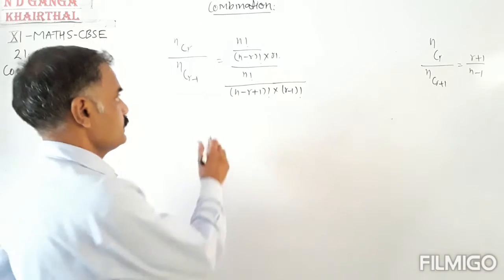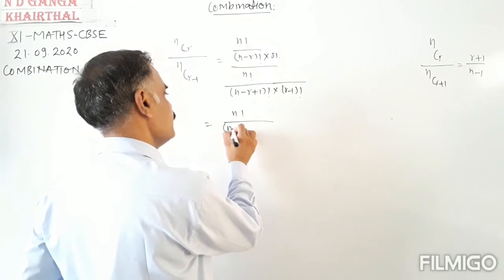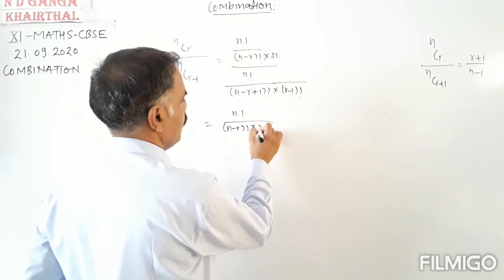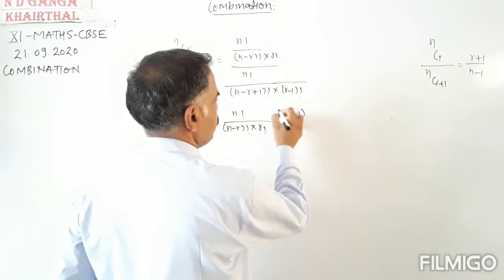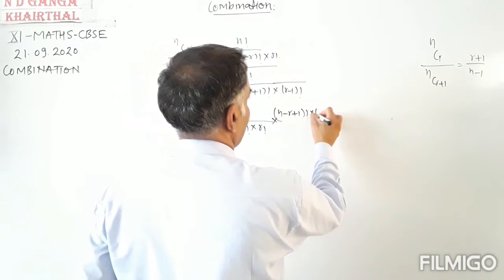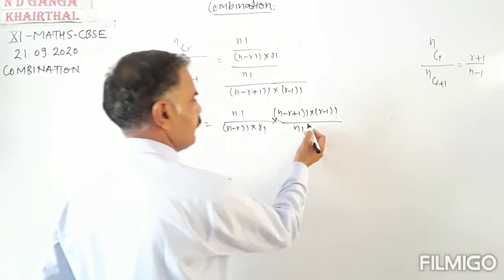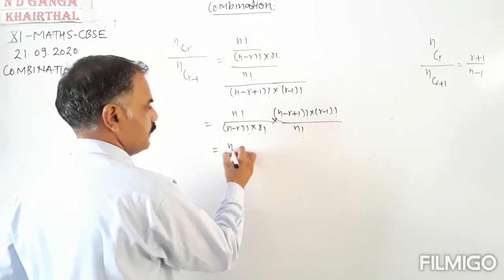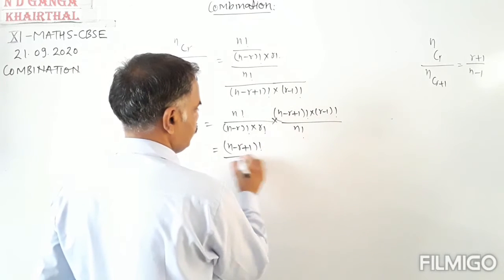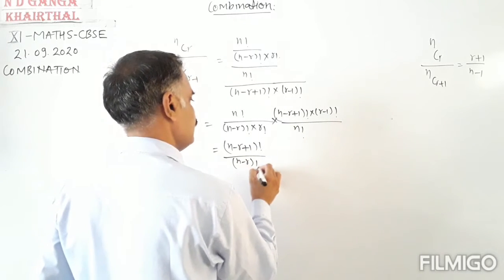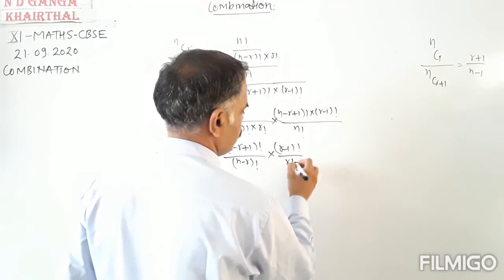Now solving this, factorial n upon n minus r factorial into r factorial, multiplied by n minus r plus 1 factorial into r minus 1 factorial upon n factorial. n factorial will cancel n factorial, so n minus r plus 1 factorial upon n minus r factorial, multiplied by r minus 1 factorial upon r factorial.